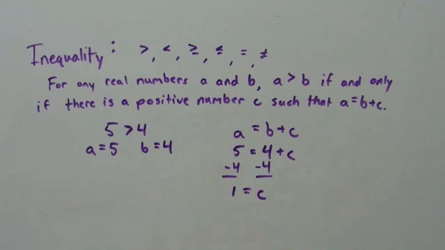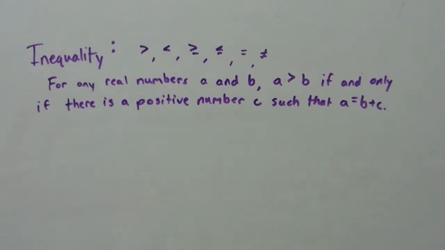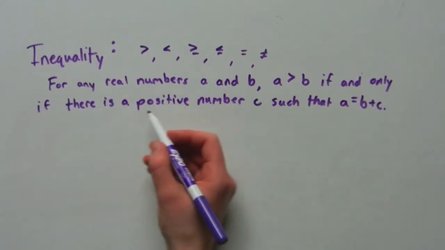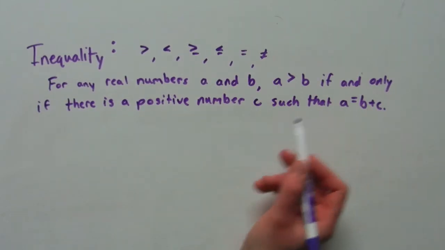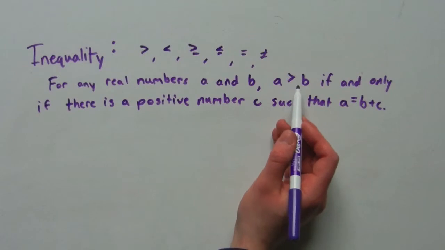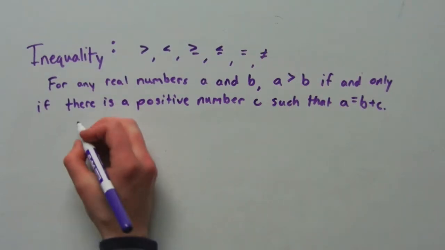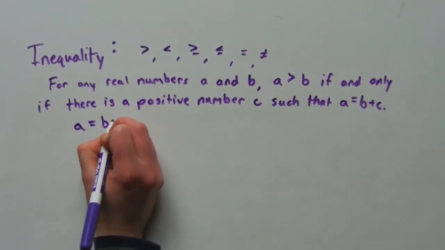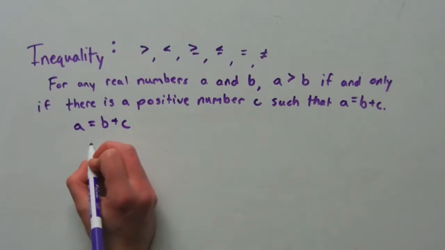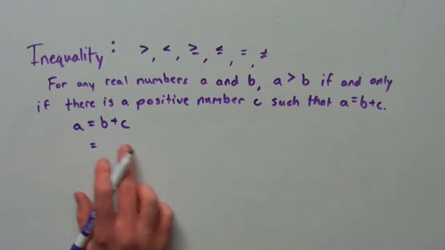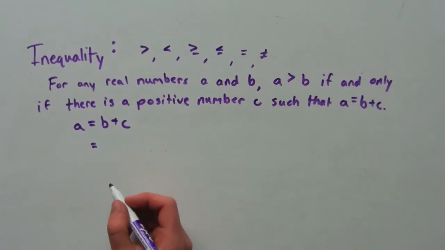Now let's work in the other direction. The other direction says that if there is a positive number c such that a equals b plus c, then a is greater than b. So let's start with our equation, a equals b plus c. I'm just going to fill in numbers that make this equation true.